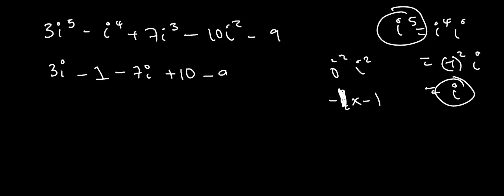Then we have a minus 9. The like terms, the ones with i, give us negative 4i. Then we have 10 minus 9, that's 1. 1 plus negative 1 disappears. So we're getting this part there. That's okay.